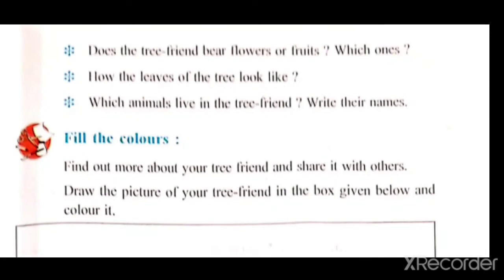Does the tree friend bear flowers or fruits? Which ones? It's a coconut tree, so the fruit is coconut. How do the leaves of the tree look? I can't draw it, but you know the leaves of a coconut tree. Which animals live in the tree friend? Write their names. It's like normal animals, squirrels, birds and all.